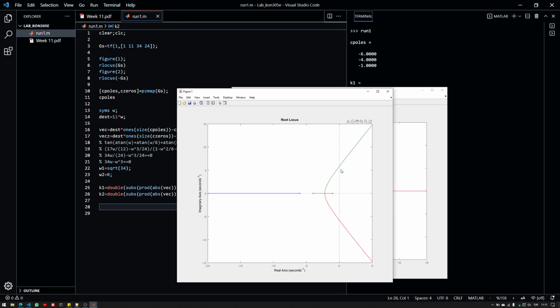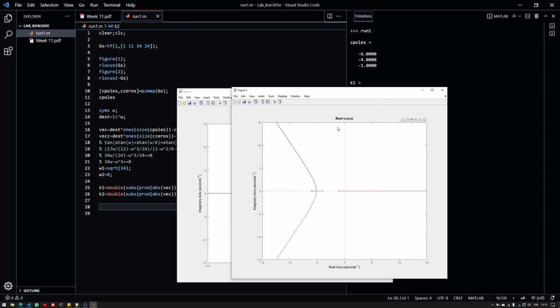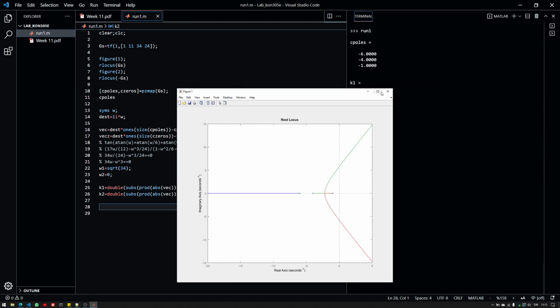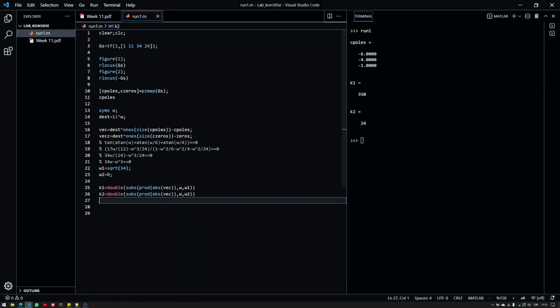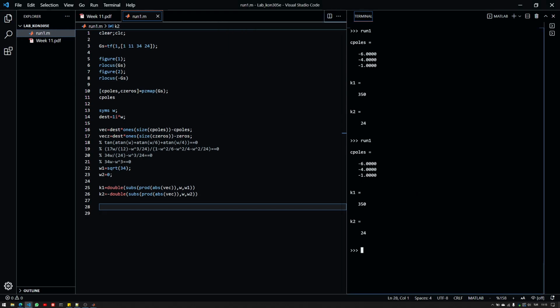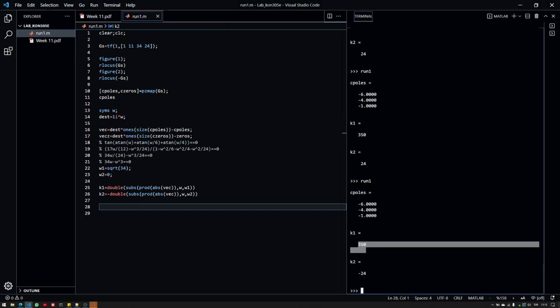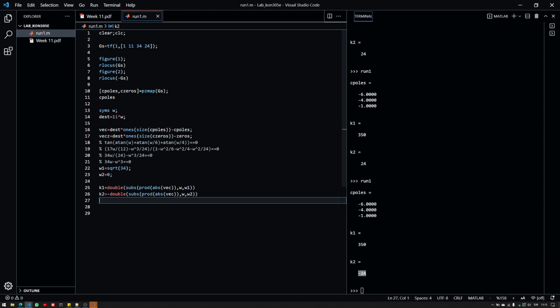Now I can see that the j omega 1, the one that's not at the origin, is on the positive root locus. So I can assume that this is basically a positive k value. But the other one appears on the negative root locus, which means that I should use negative k. So omega 2, since it is through the origin, should be minus. So therefore we get the values 350 and minus 24.